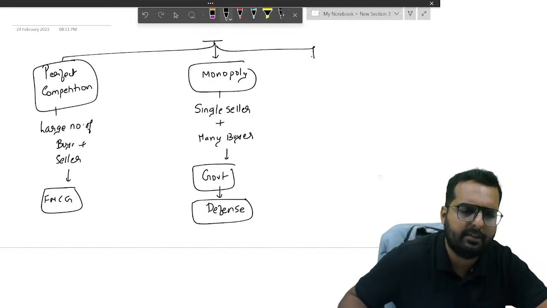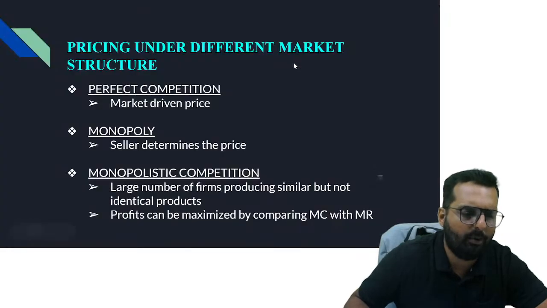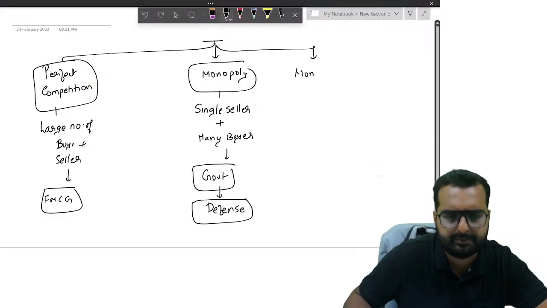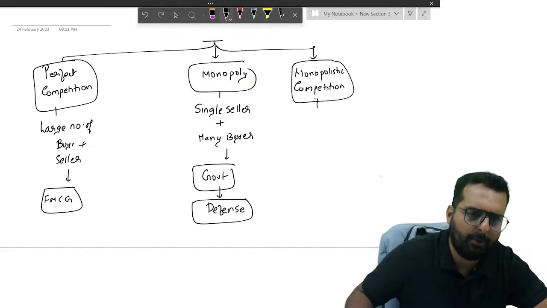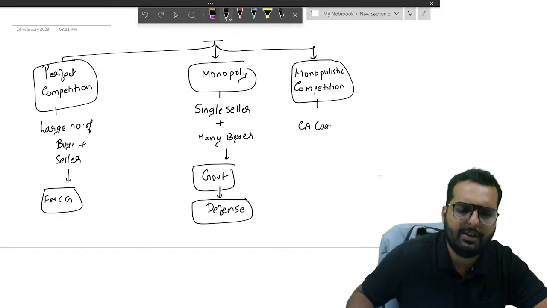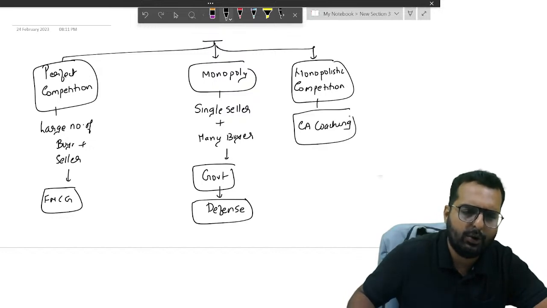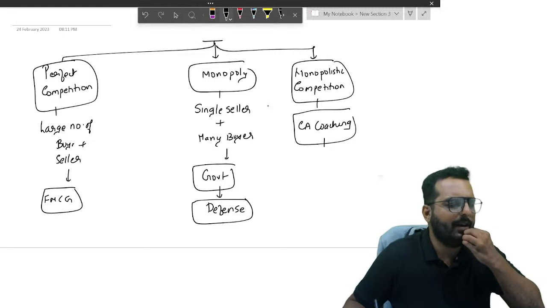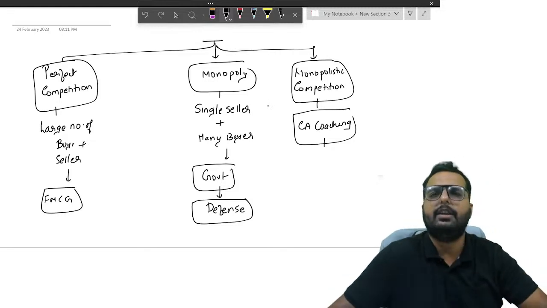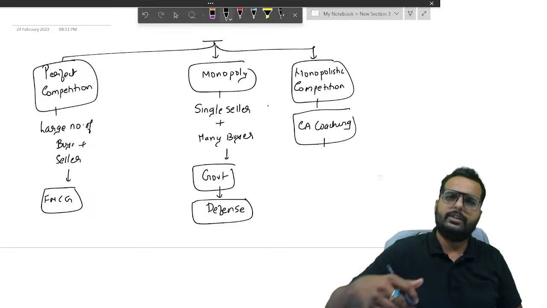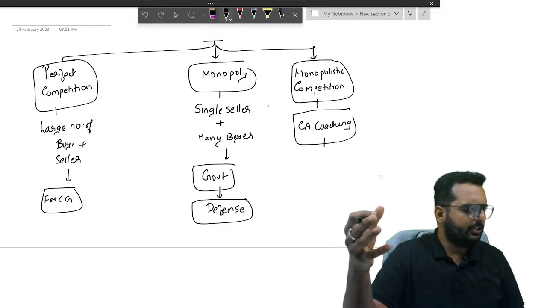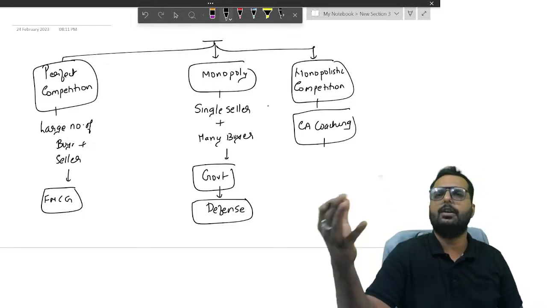Third scenario is what they call monopolistic competition. The best example for monopolistic competition is all the CA coaching centers. They are providing similar products, but every product will have a slight deviation. For example, if you are talking about an SCMPE class, coaching center A is launching, let's say Tarun Jagdish, coaching center B is launching some other faculty.